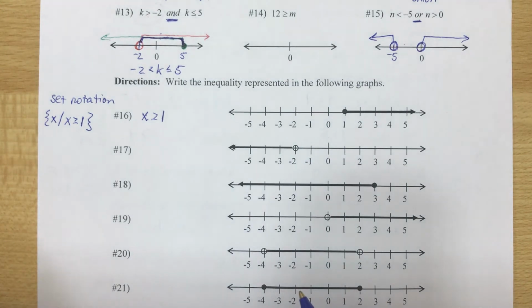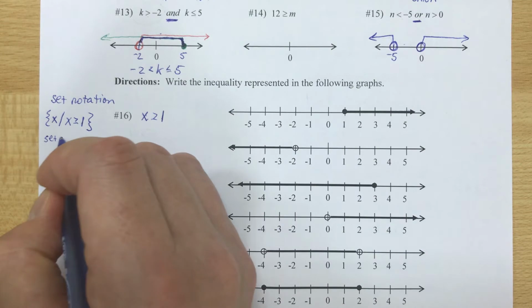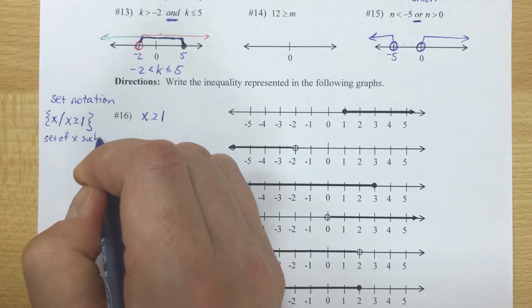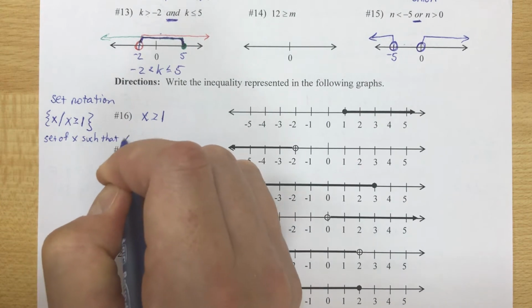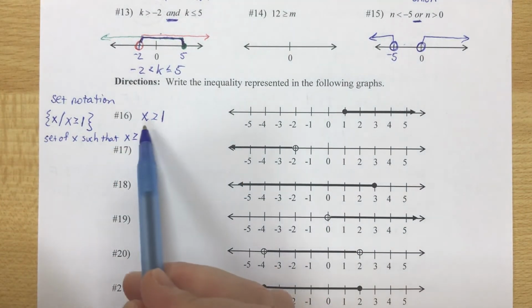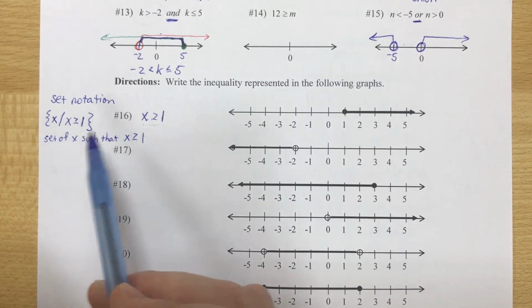And then we close the bracket there. That is the set of x's. The slash means such that, or so that, x is greater than or equal to 1. Now for us, for the most part, we're just going to use this. This is saying the same thing though.